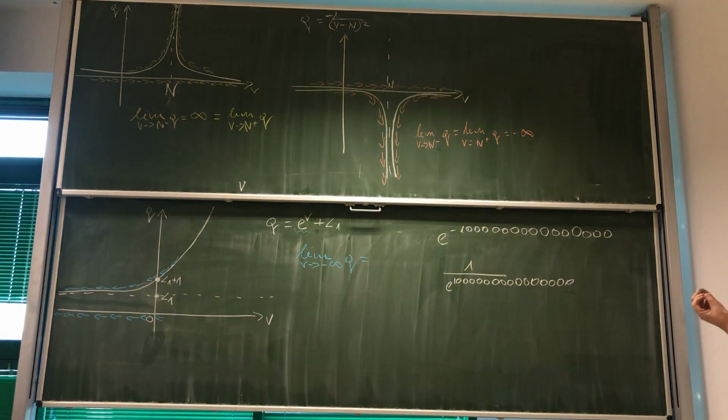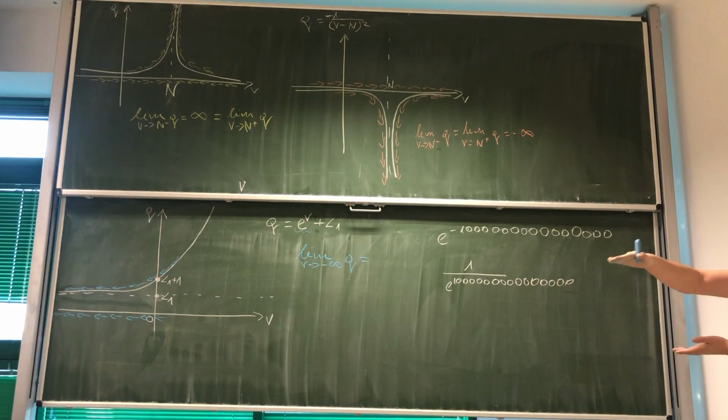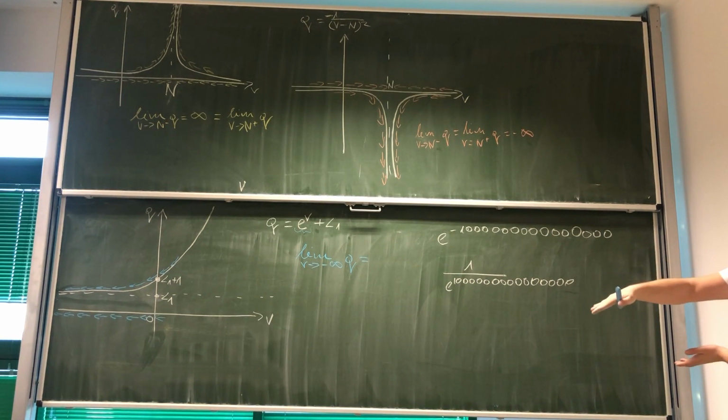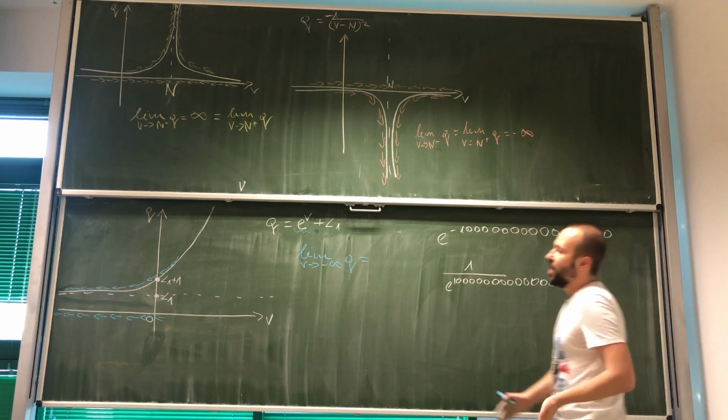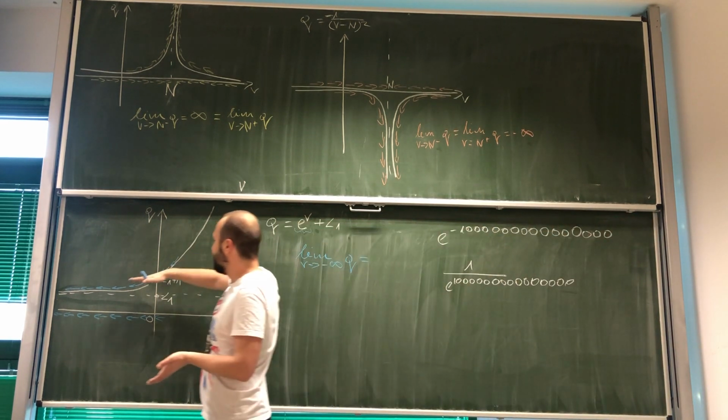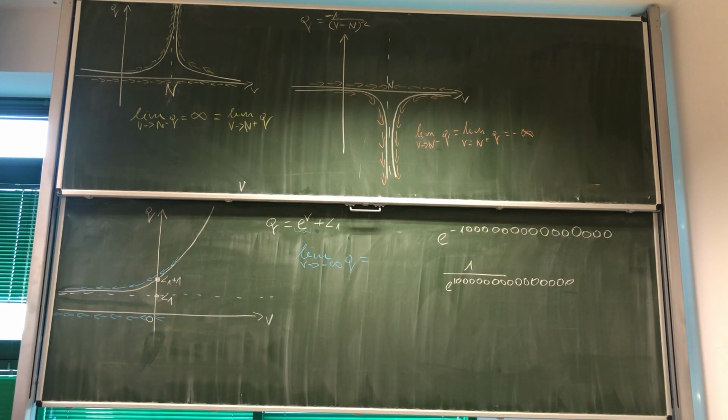But what is the limit? It is the value to which we are getting closer and closer. And as V is becoming smaller and smaller, getting to negative infinity, we see we are almost at L1.